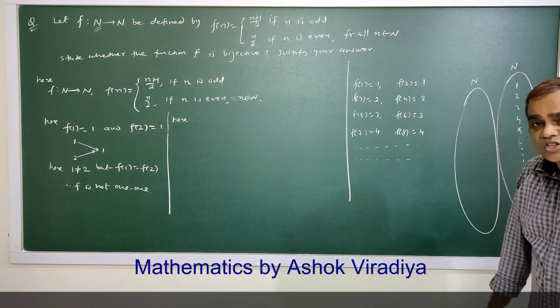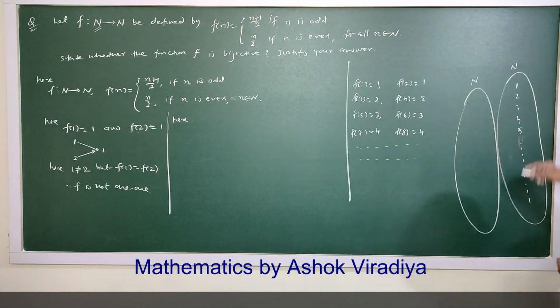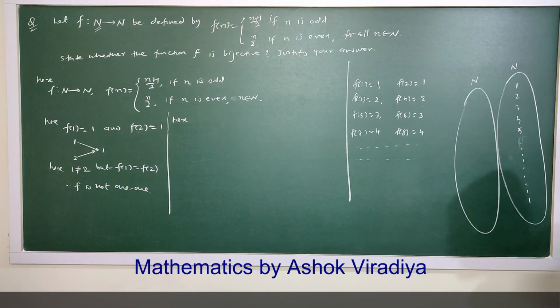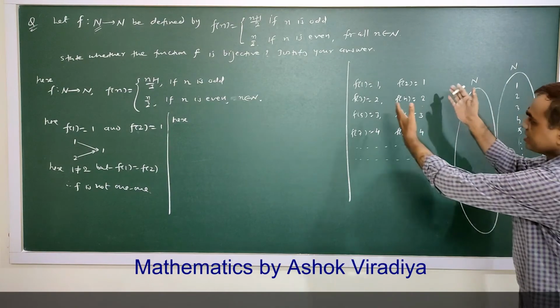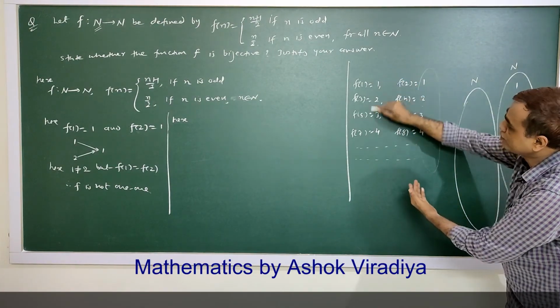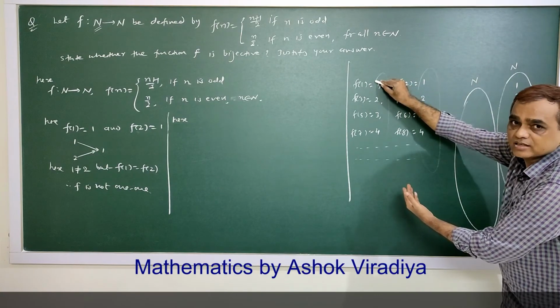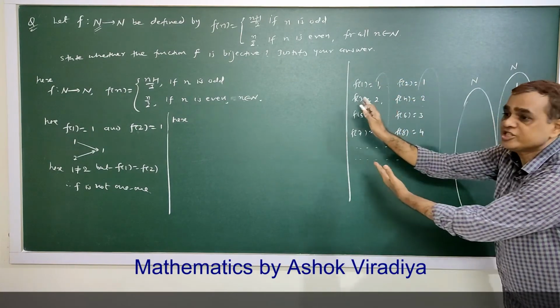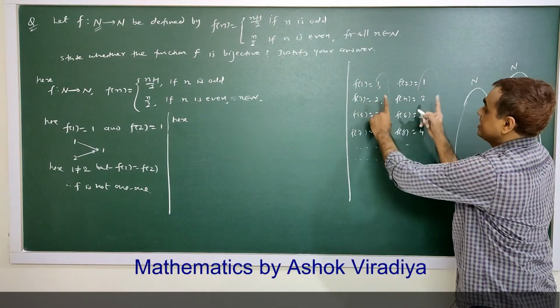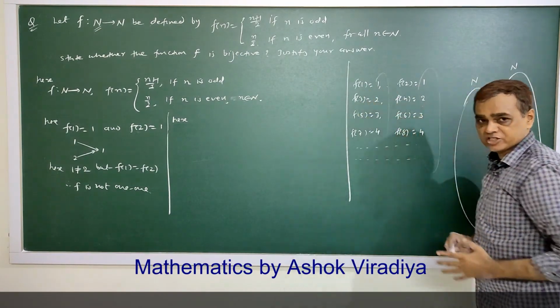We can say the function is onto if for every y belonging to N, we can find its pre-image in N. In the practical discussion it is clear that every element of the codomain has its pre-image in the domain. Every element has two pre-images.